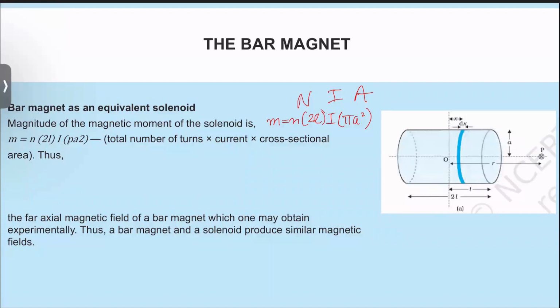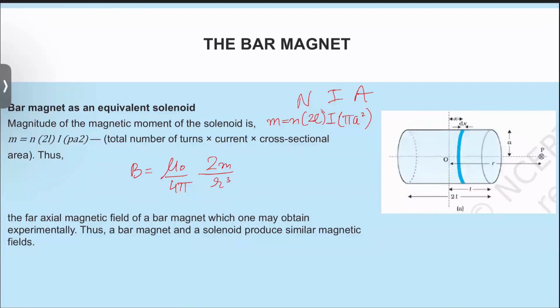So the equation that we found out before reduces to mu 0 by 4 pi times 2m by r cube. m is your magnetic moment. So we can say that the magnetic field of a bar magnet is similar to the magnetic field that we would get when a solenoid is considered.